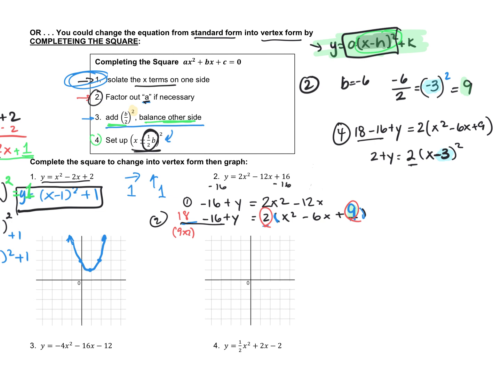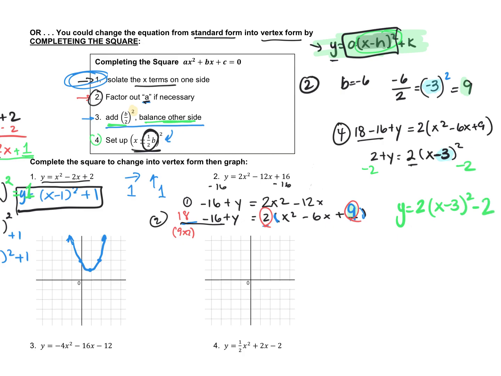Now I need to be in this form, so solve for y. So we will subtract 2, subtract 2. My final equation is y equals 2 times (x minus 3) squared minus 2.